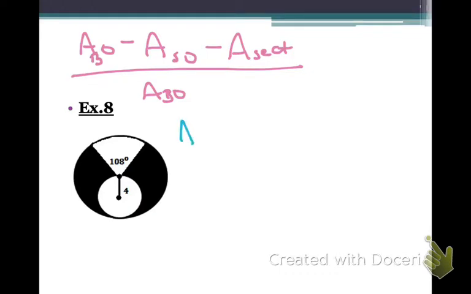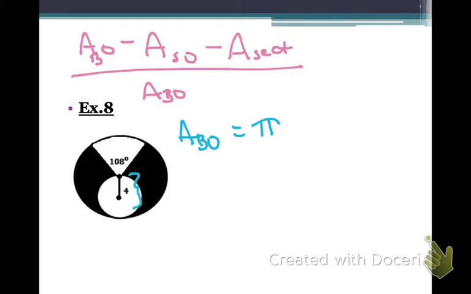Let's find the area of the big circle. Pi times my radius. So what do you think the radius is of the big circle? Well, look here. The radius of the small circle, I know, which means its diameter is 8.